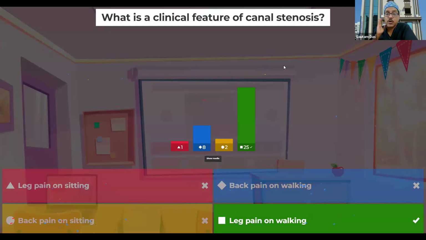It is claudication. On sitting, no back pain, no leg pain. That is the feature of canal stenosis. Canal diameter increases on sitting because of stretching of the ligamentum flavum, and the nerve needs less oxygen on sitting. So walking produces leg pain, the main feature of a canal stenosis patient.